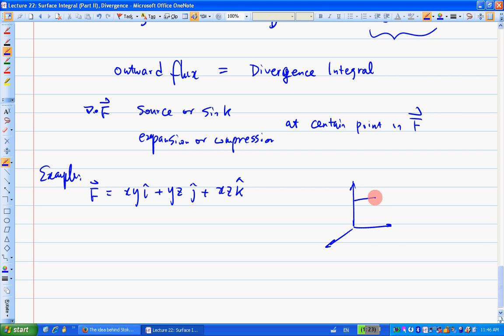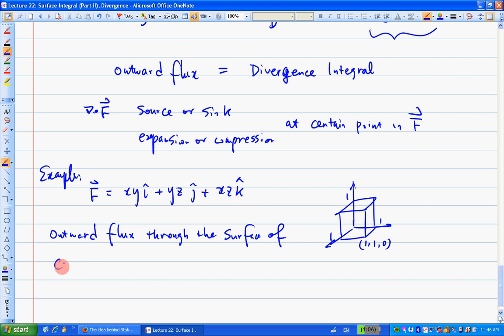So here's a box, and we're interested in the flux through the surface of this cube.